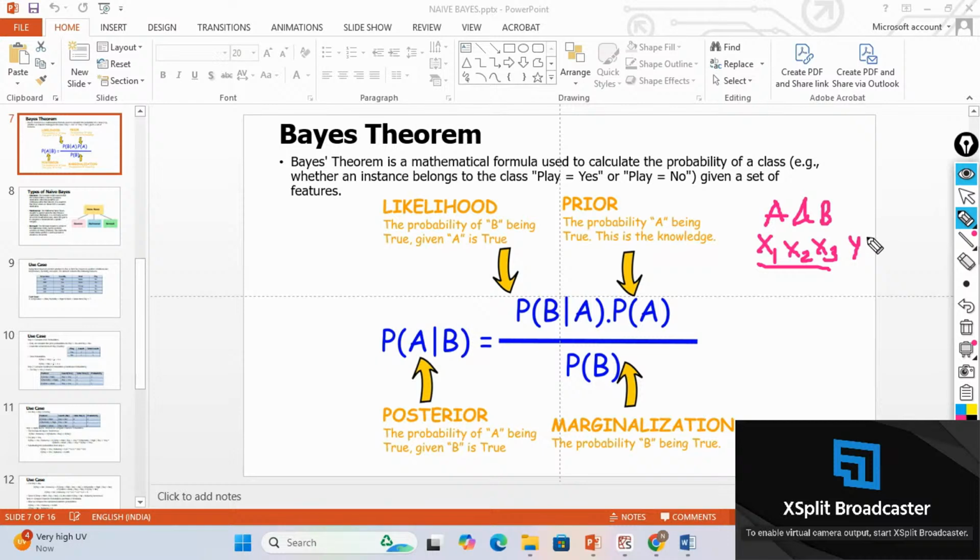So what is supposed to be calculated? Y. So it is nothing but P of y given x1, x2, x3. Am I right? Yes. So you're supposed to calculate the probability of y given the inputs. This is what we are going to calculate. Right. So let us go back.